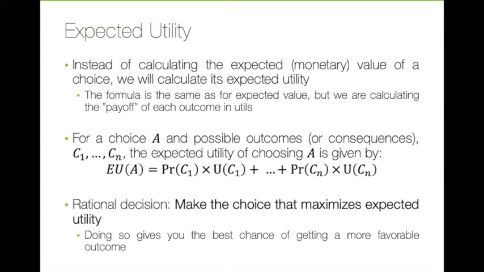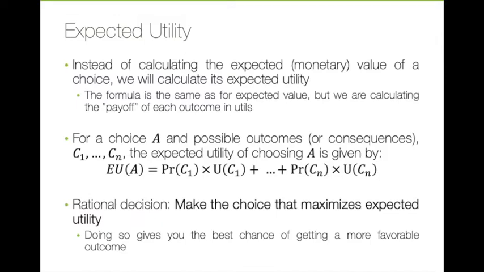So the formula is as follows. Take some choice A. If you make choice A, there are n possible outcomes, where n is some number, 3, 4, 70. We'll give the outcomes in the list as C1 to Cn, C for consequence, just because outcome O looks too much like 0.